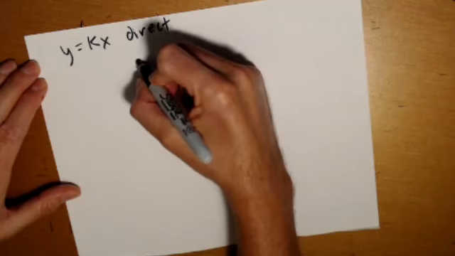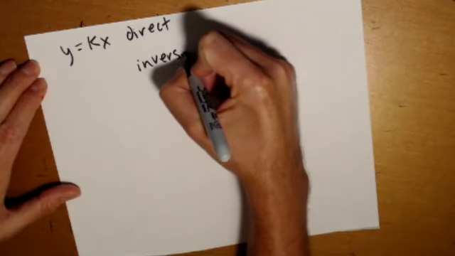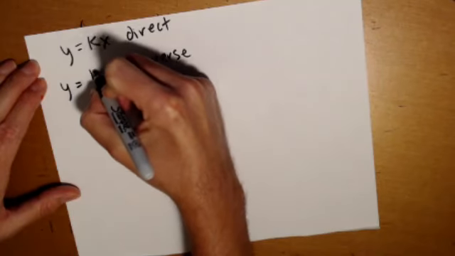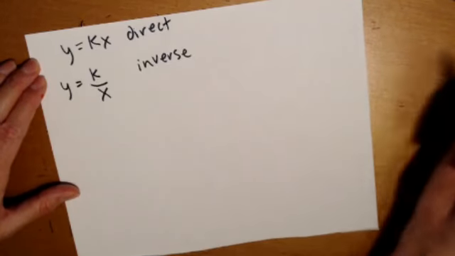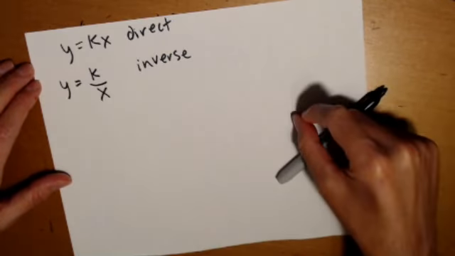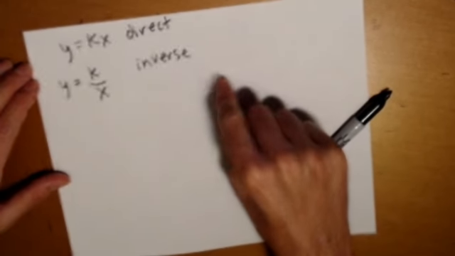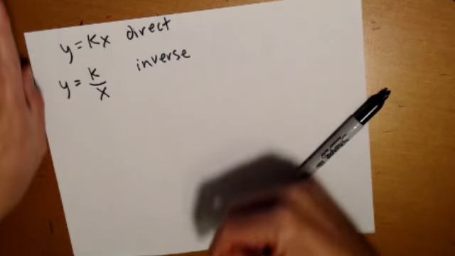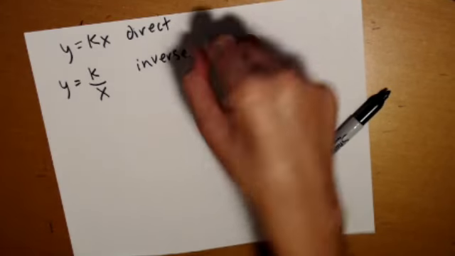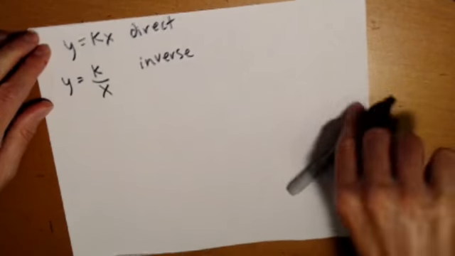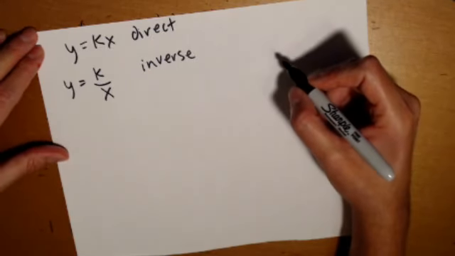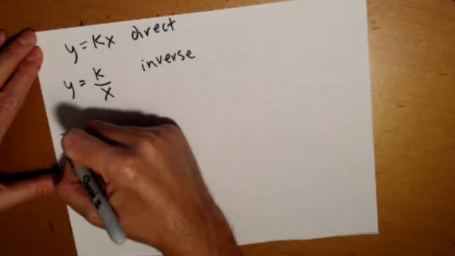So now inverse is y equals k over x. So generally speaking, if it's an inverse relationship, as y goes up, x goes down. If y goes down, x goes up. So that's inverse.